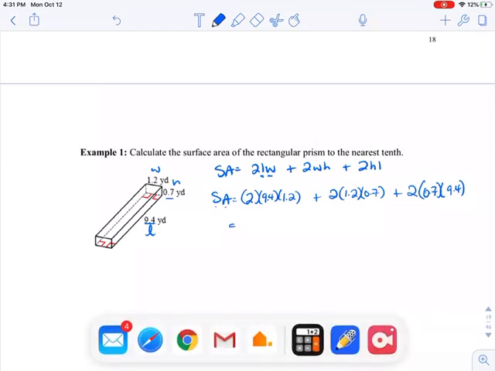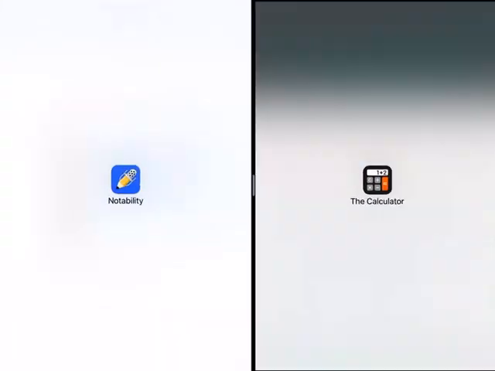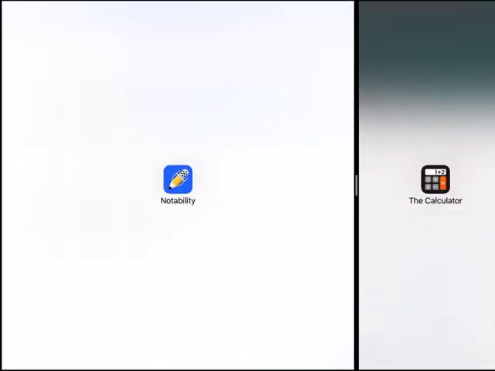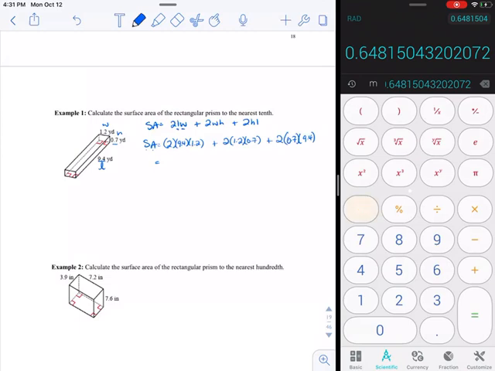So if we get our calculator out here, 2 times 9.4 times 1.2 plus 2 times 1.2 times 0.7 plus 2 times 0.7 times 9.4.